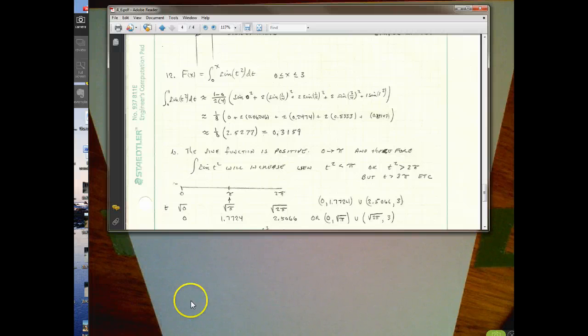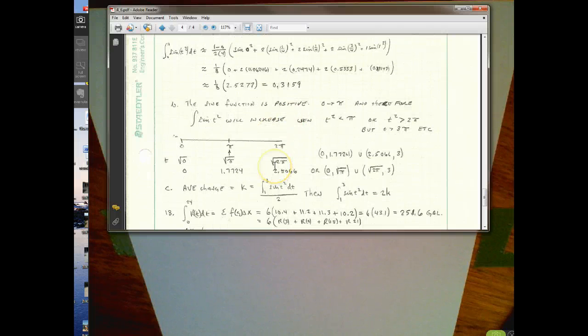And you see now, as I highlight, the values that I plugged in, and then I get the answer. Okay, finally, the sine function is positive as it goes from 0 to theta, and therefore would increase.